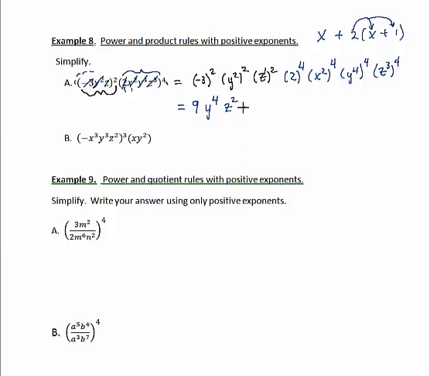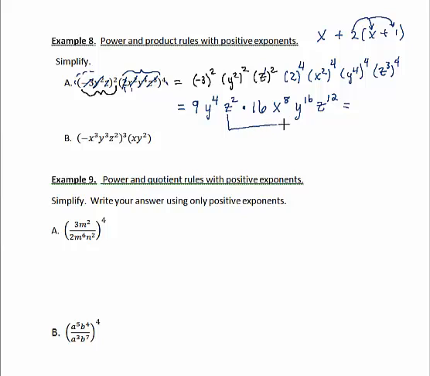A 2 to the fourth power would give us a 16. It's a coefficient. X squared to the fourth is a 2 times 4, 8, x to the 8th power. 4 times 4 is 16, giving us a y to the 16th power. And 3 times 4 is 12, for a z to the 12th.